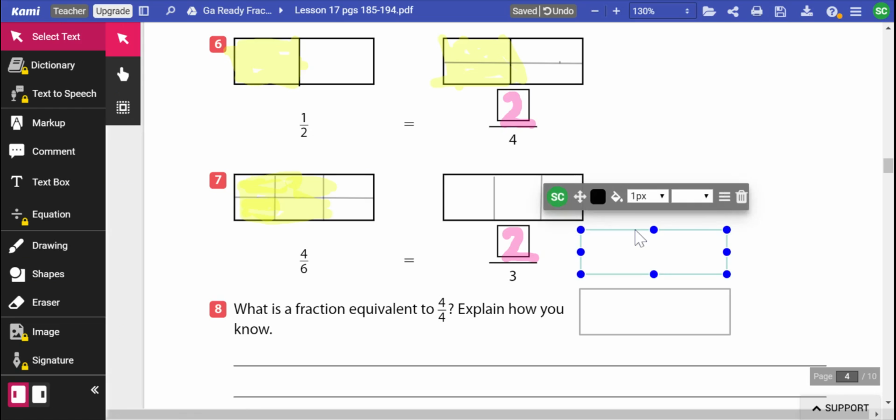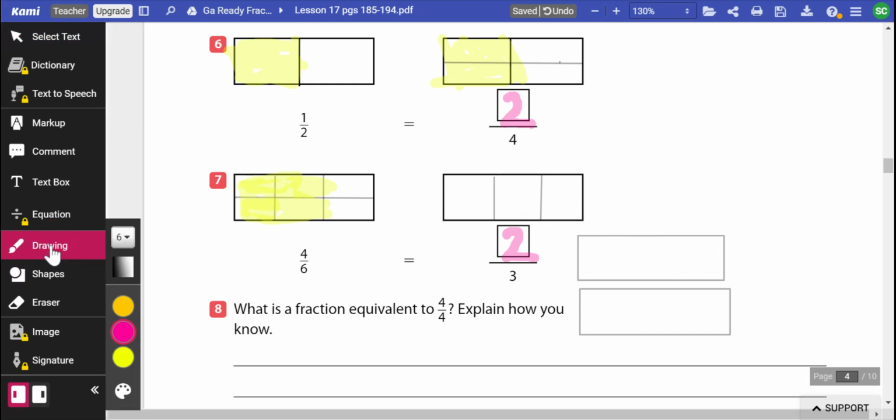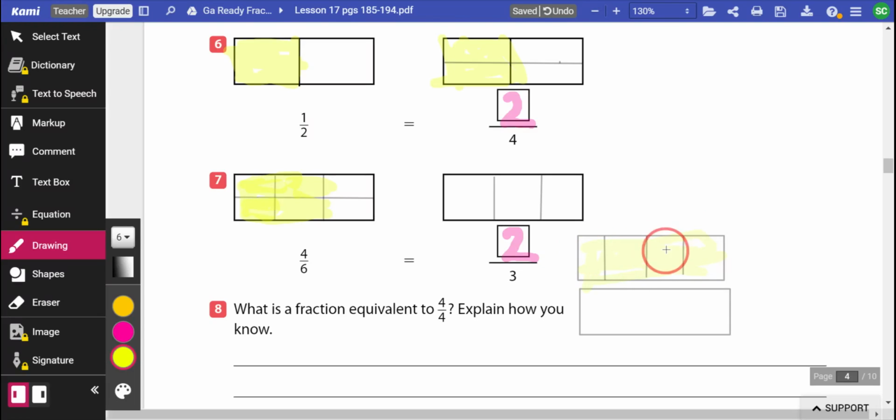And it's asking me to show what 4/4 would be equivalent to. So I'm going to need to break this rectangle into 4/4. So let's go to shapes, line. All right. Okay, there's our 4/4. And it says we want to say what it's equivalent to.